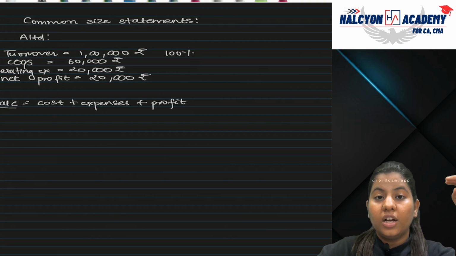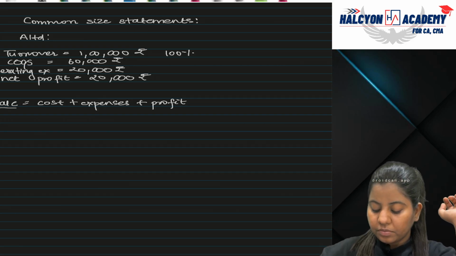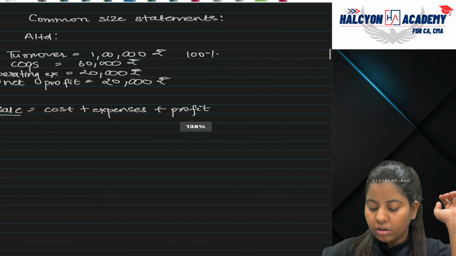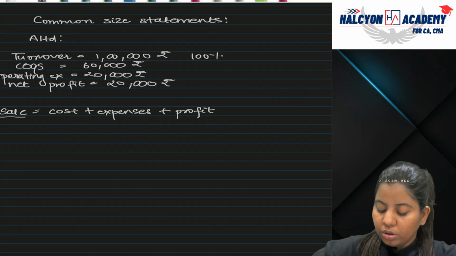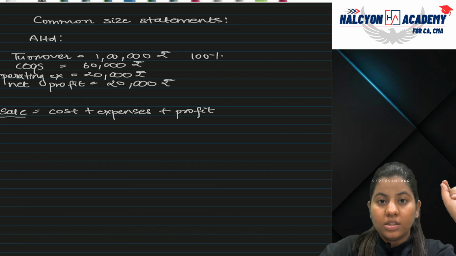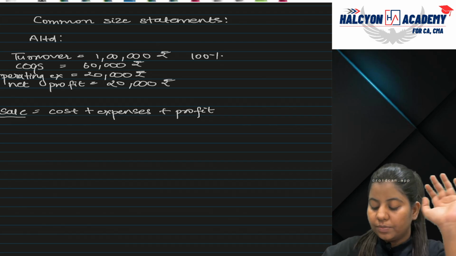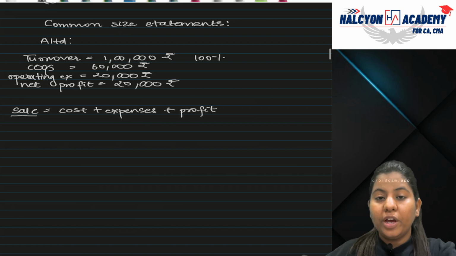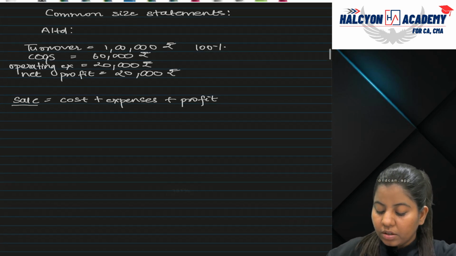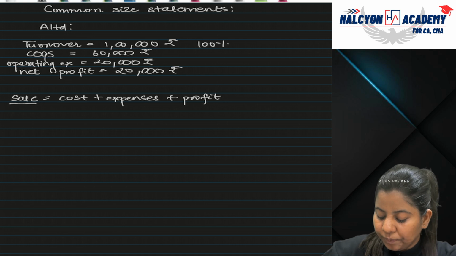And all other three elements are the parts of turnover only. So now we have to find out the percentage of cost, percentage of expenses, and percentage of profit in turnover. So how we are going to do that? See, we have to take turnover as base.